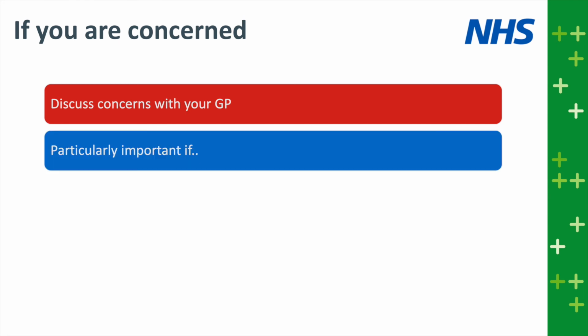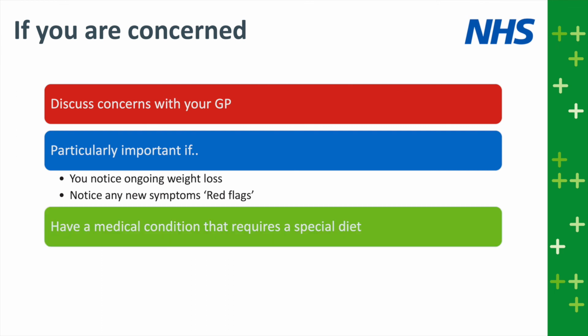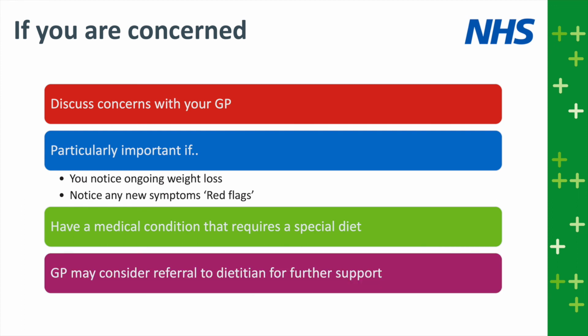And this is particularly important if you notice ongoing weight loss, or you notice any new symptoms, such as the red flags which we mentioned earlier, or if you have a medical condition that requires a special diet. Leslie, what do you mean by a special diet?